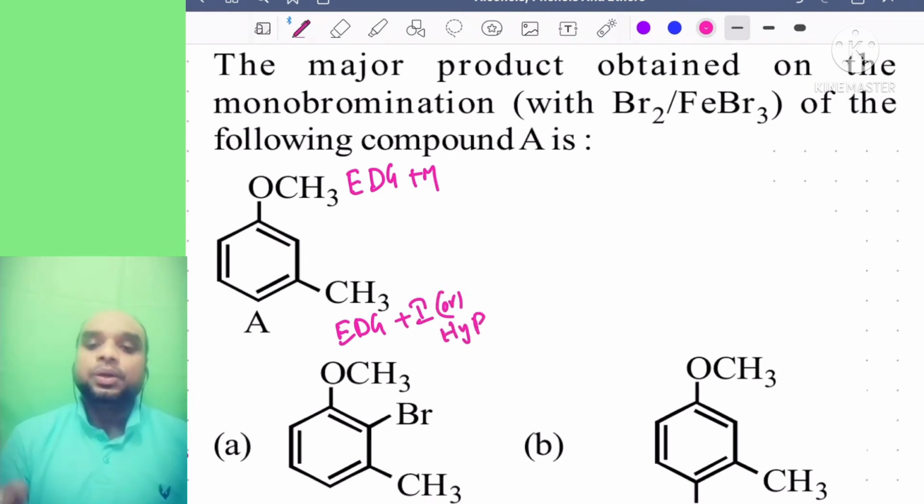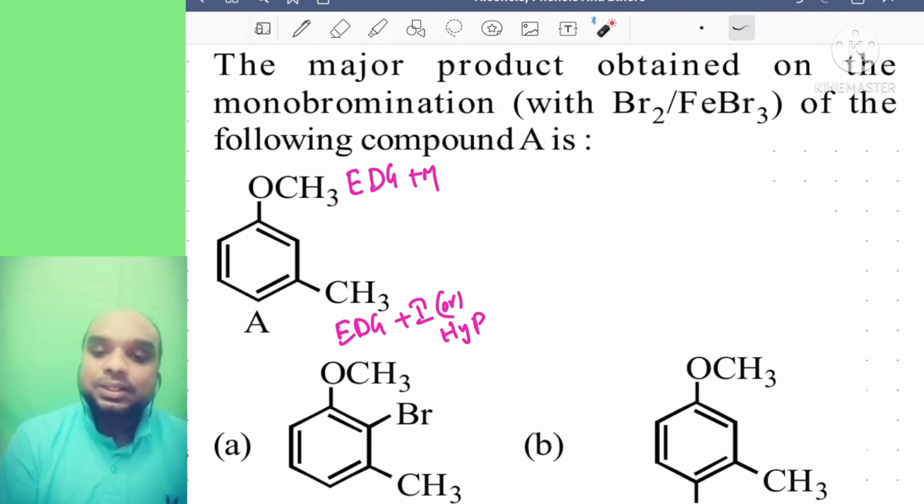If I take the plus I effect, the methyl group shows an inductive effect. As the distance increases, the inductive effect decreases. But the methoxy group, a plus M group, shows the resonance effect. As the distance increases, there is no change in the resonance effect.